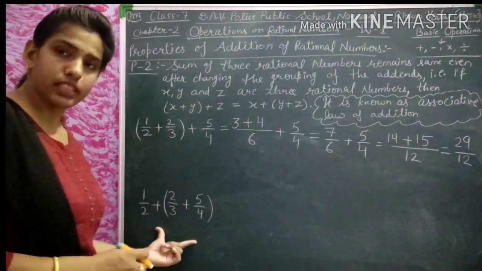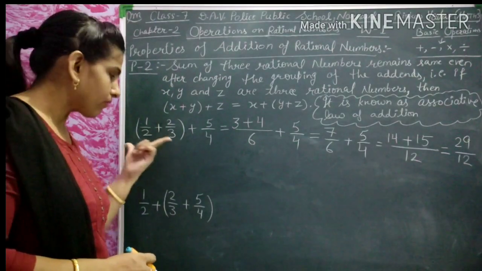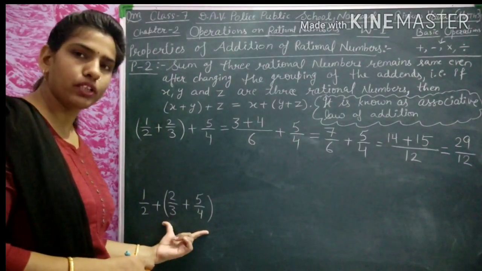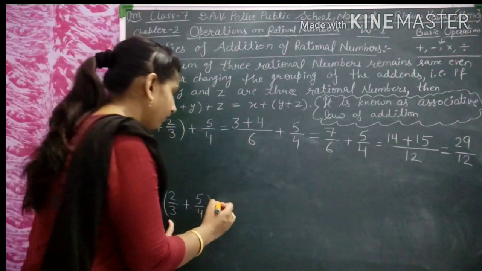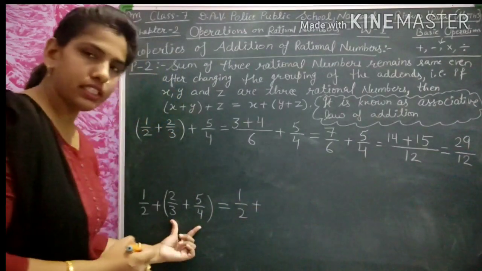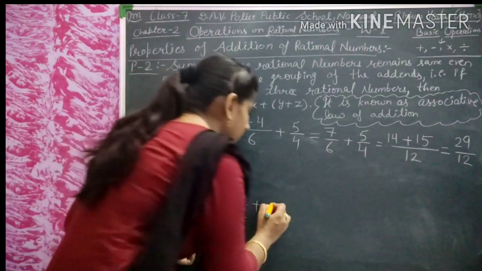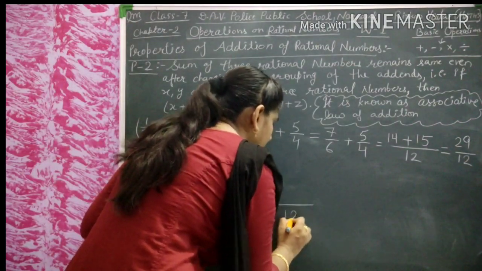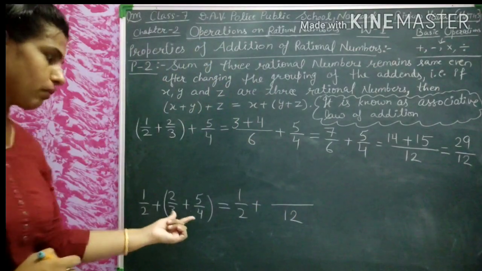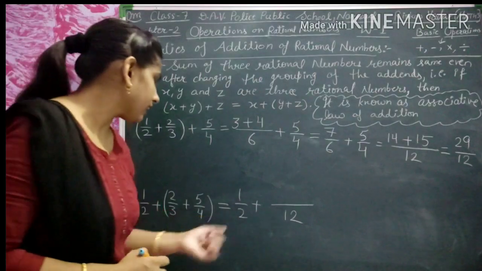Same process, now with the other grouping. We change the grouping of addends here, and we get 1 by 2 plus, the LCM of 4 and 3 is 12 because they are co-prime numbers, and the LCM of co-prime numbers is their product. We get 12.